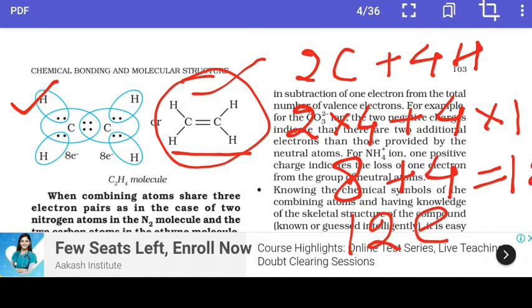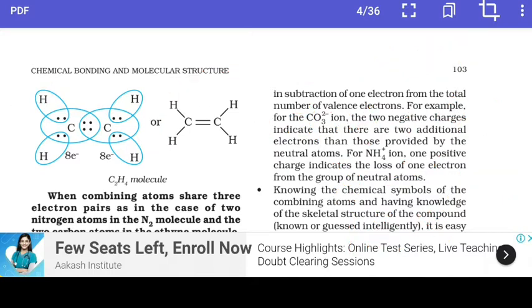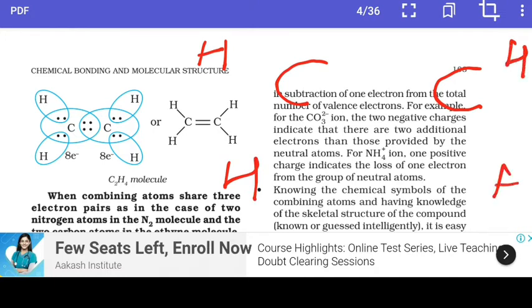So now we are going to make the Lewis structure. You can write the frame like this, 2 carbons, and distribute the 4 hydrogens like this, 2 at each carbon. First of all, make a single bond for each hydrogen.